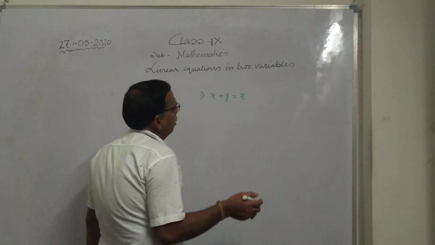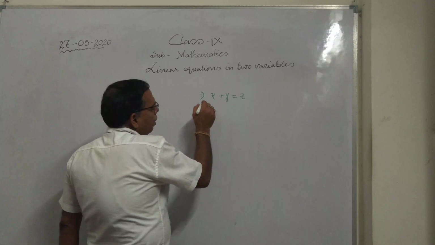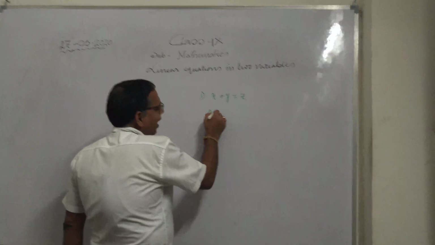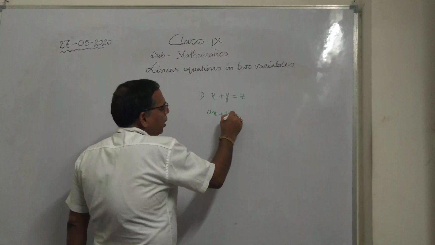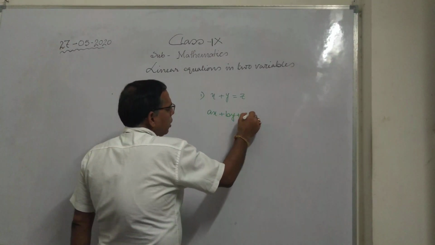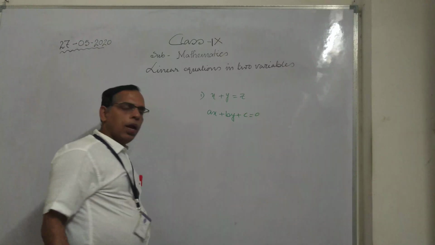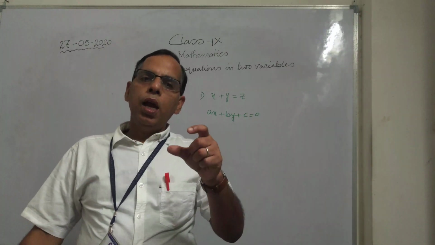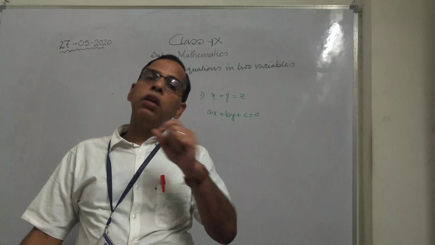Next we have seen the standard form of a linear equation in two variables, that is ax plus by plus c equal to 0. Then we saw how to convert an equation in two variables into the standard form.